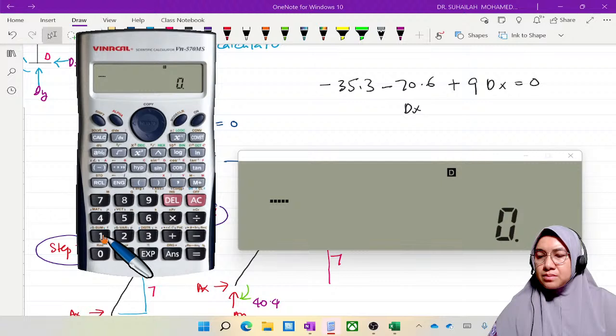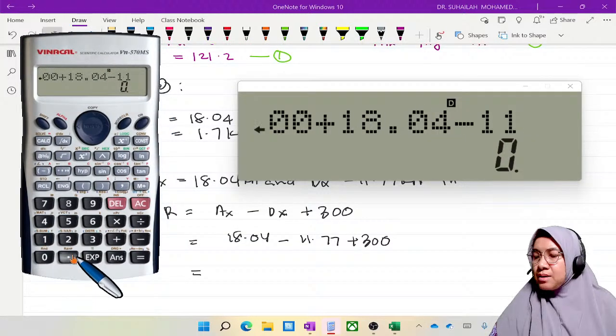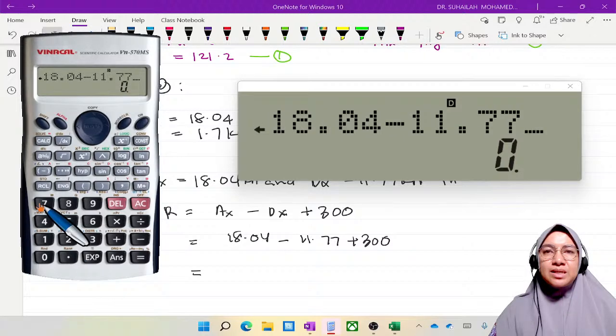So we get R equivalent to 300 plus 18.04 minus 11.77, which is 306.27 kilonewton.